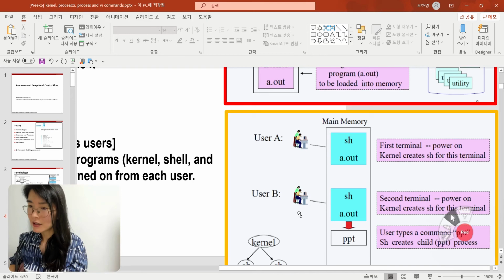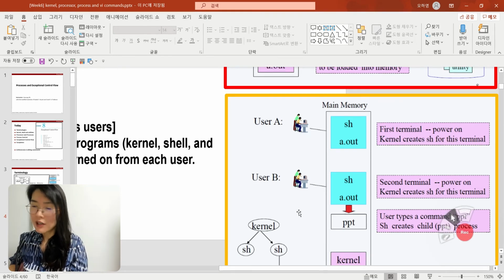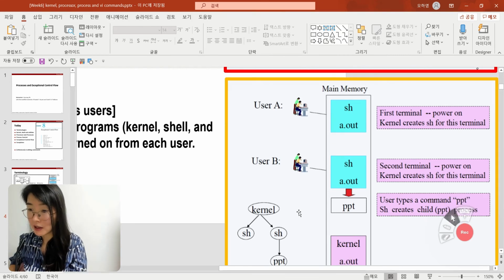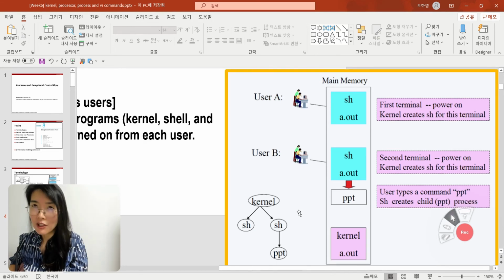All right, so regardless of the number of users, Linux can help each user very efficiently. So each user can type a command properly, and the Linux kernel can create their own process with the child process concept.